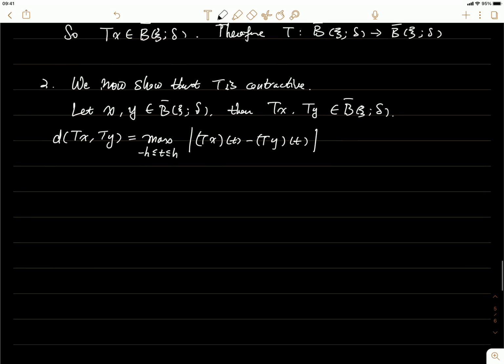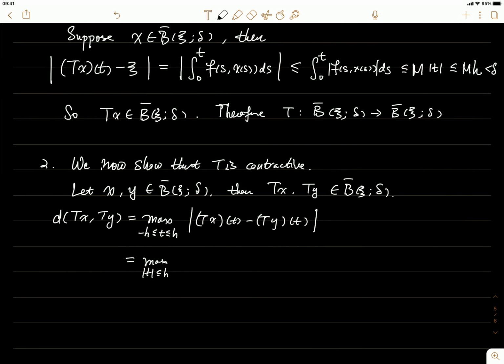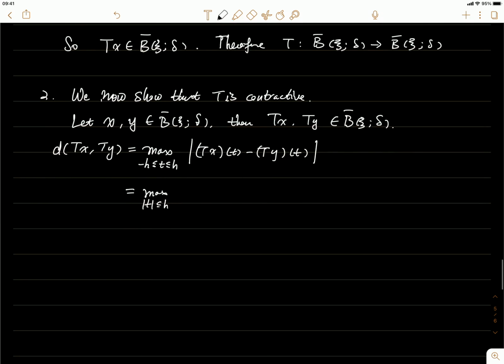And this is equal to, I write this simply as this, less than or equal to h. This is c plus the integral, and the other one also has c plus the integral. So it's just the integral from 0 to t of f of s, x of s, minus f of s, y of s, ds.